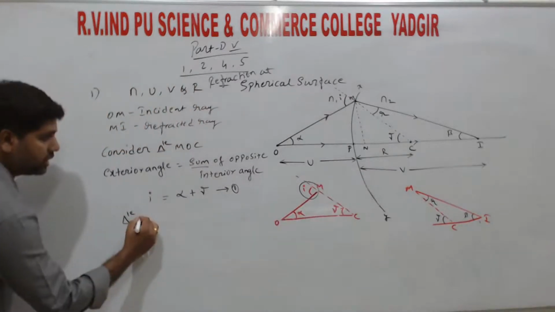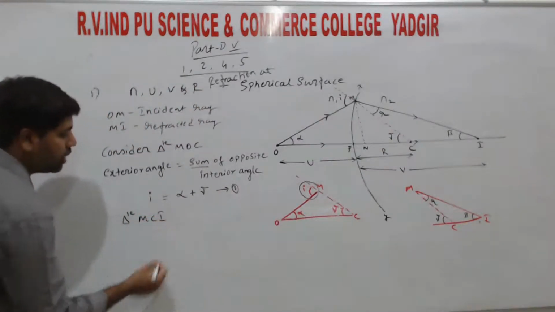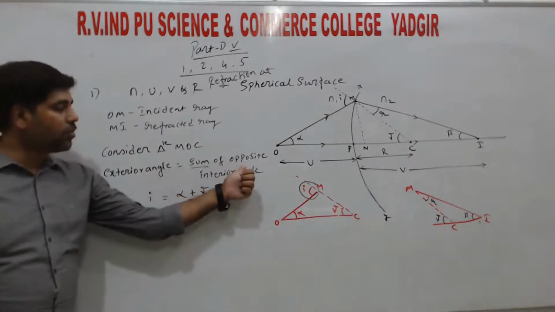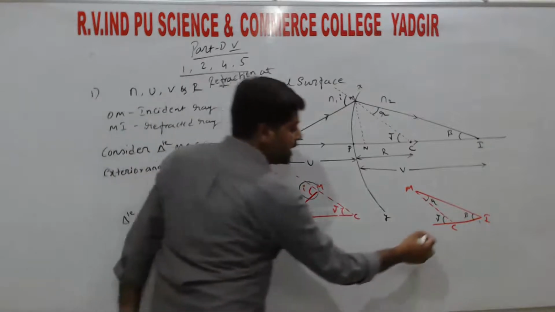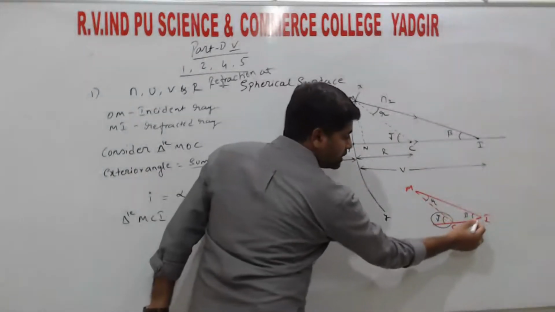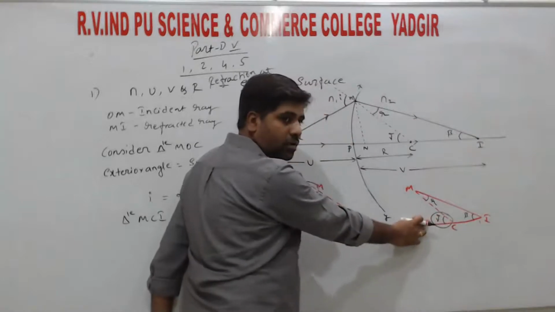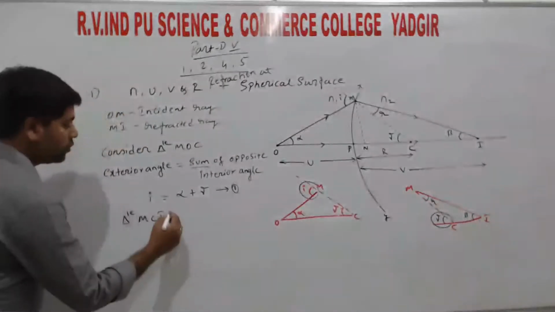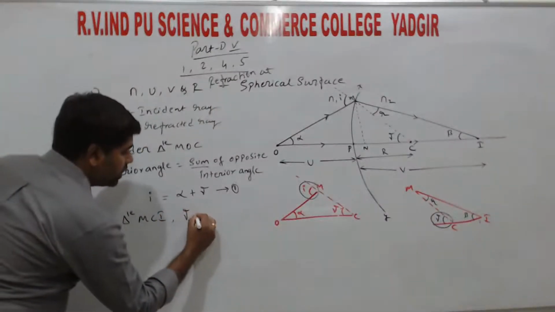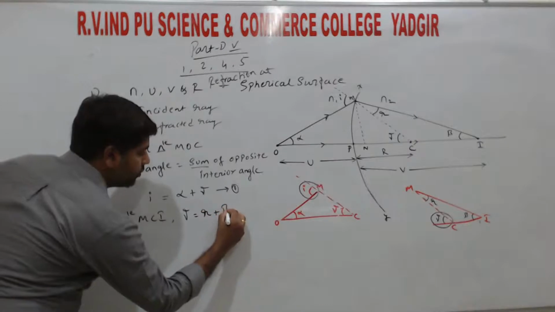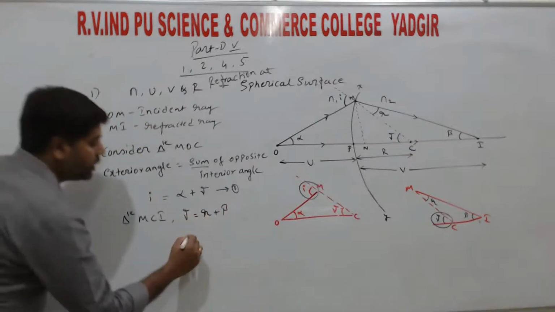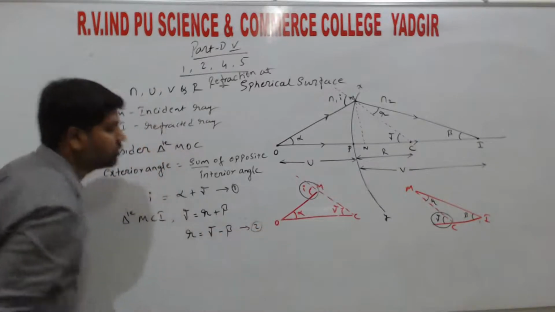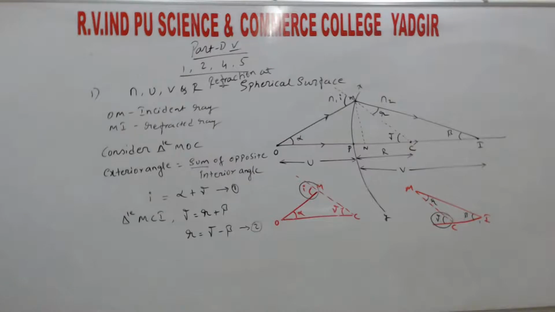Considering the triangle MCI, by the same rule, the exterior angle is equal to the sum of the opposite interior angles. Here the exterior angle is gamma. So we can write gamma equals r plus beta, so r equals gamma minus beta, calling this the second equation.